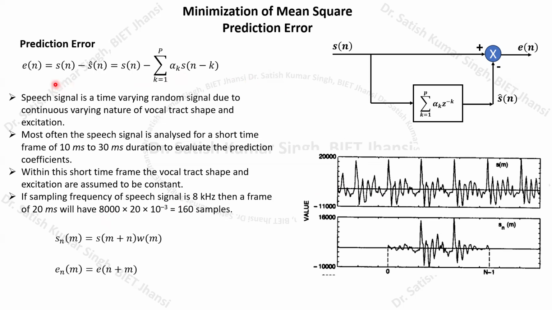Normally this equation, whatever I have shown here, will be mathematically modified a little, just to emphasize which particular portion we are considering for the evaluation, because we are not going to consider the entire speech sequence. So s(n) will be replaced by s_m(n), whose definition is s(m plus n) multiplied by a particular window w(n). Similarly, e(n) will now be denoted by e_m(n), which equals e(n plus m).